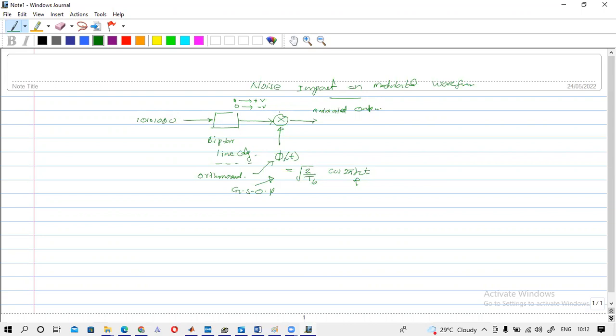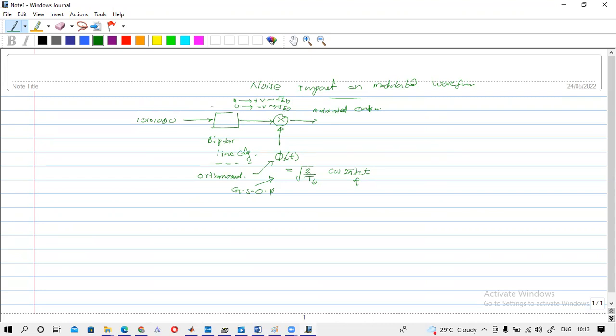If we set this voltage level, E_b being the energy of the bit, the positive voltage to root E_b is the voltage level for 1, and minus root E_b will be the voltage level for 0.